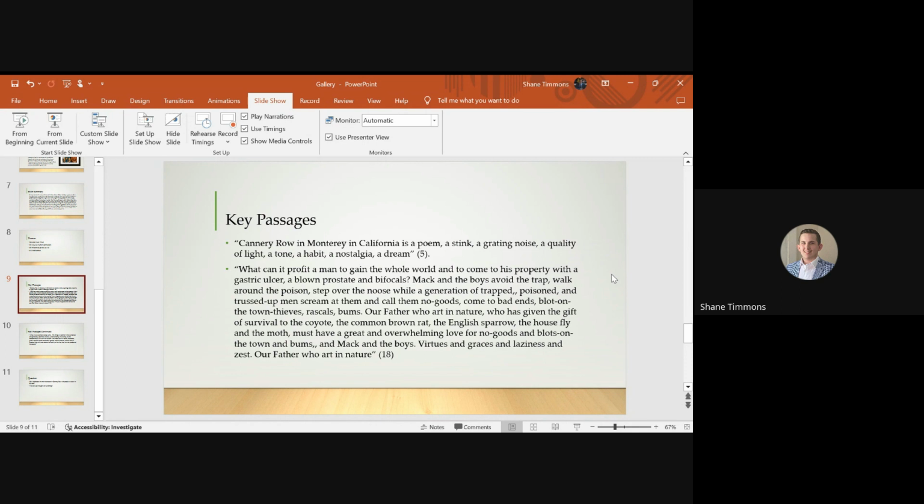He's going down the line from a great coyote, even down to the small moth or the housefly. So he's grouping them all together in nature, from the greatest to the least among them, and it's interesting wording how he compares us to nature.